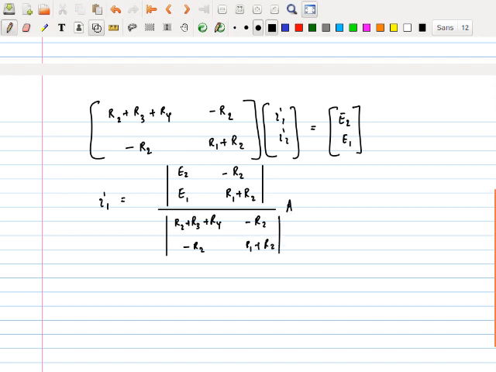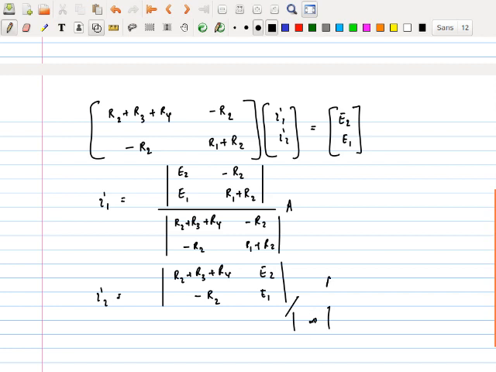You can find I2 by substituting that into the second column, where you would get I2 equal to the determinant of R2 plus R3 plus R4 and minus R2, and that would be replaced with this determinant, whatever is here.